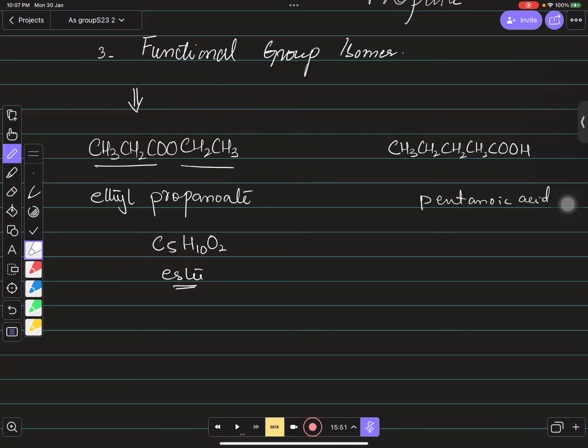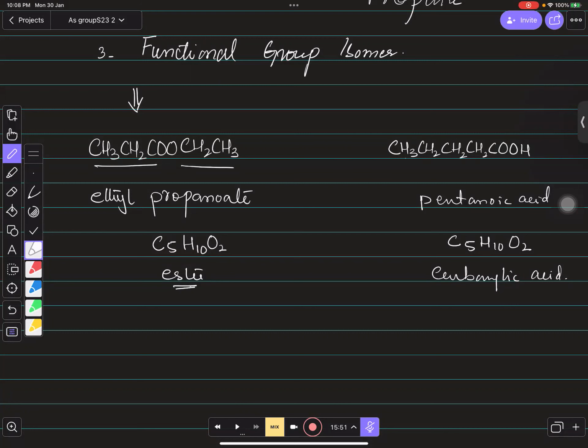And you can see the general formula is again C5H10O2, and this belongs to the carboxylic acid family. The molecular formula is still the same, but they are members of different homologous series. That is why they are termed functional group isomers.